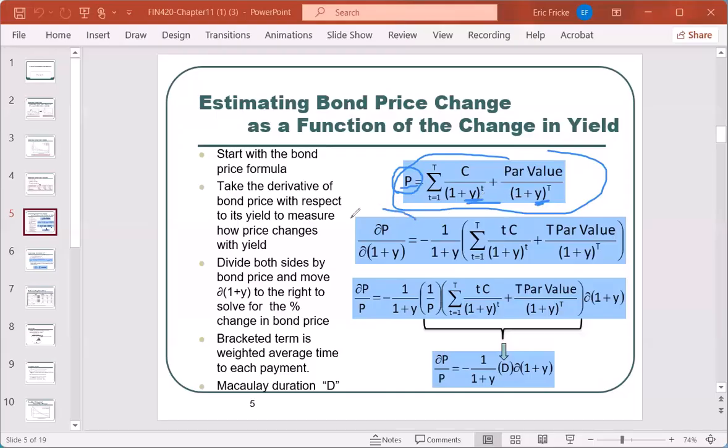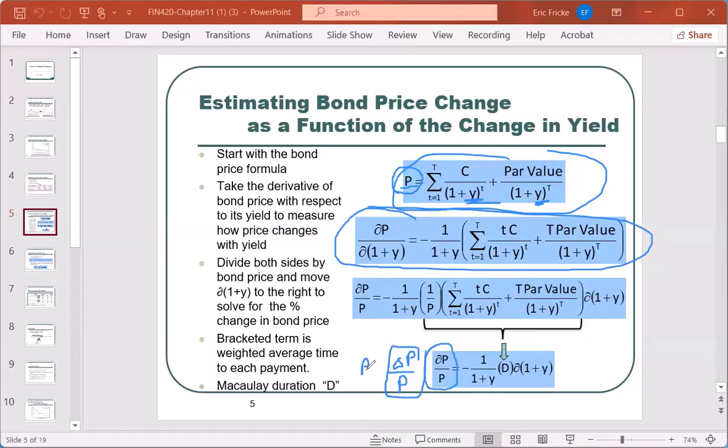You do a lot of little math here, and a little algebra, and you solve for the change in the price of a bond. How much does a bond price change? That's delta P, the change, up or down, divided by the initial price of the bond, P. Why do we solve for delta P over P?